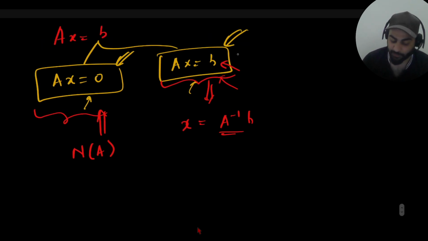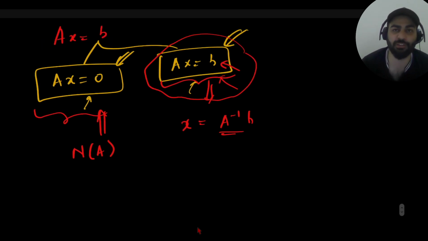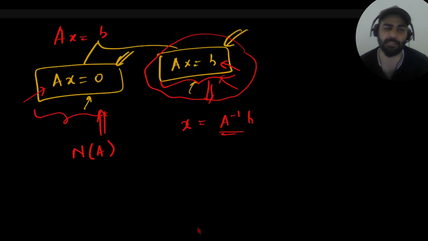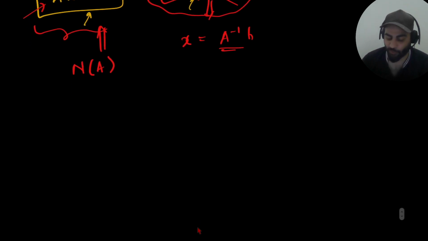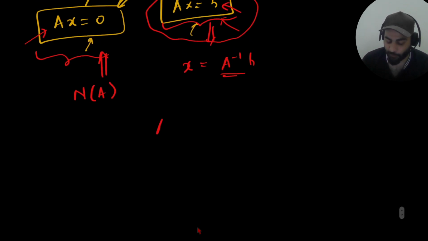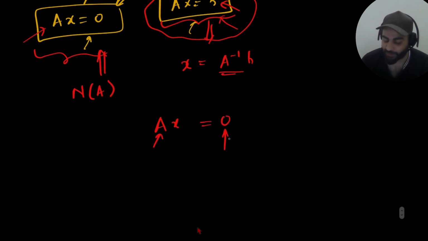The whole point is to solve this equation, but the first thing we'll do is find the null space for Ax = 0. It's easy to find the null space. Why? Because you need not take care of the right hand side. If you perform any operation on A, you have to perform the same operation on the right side, but it is all zeros, so you can perform any operation.